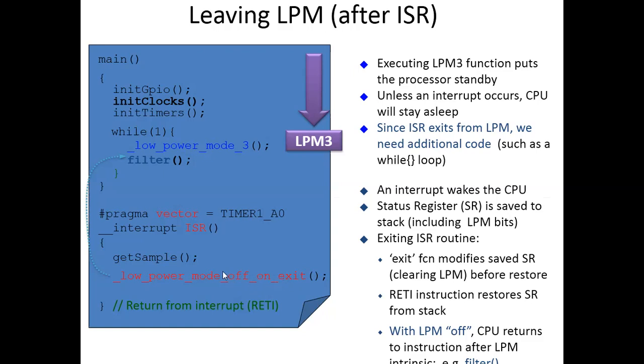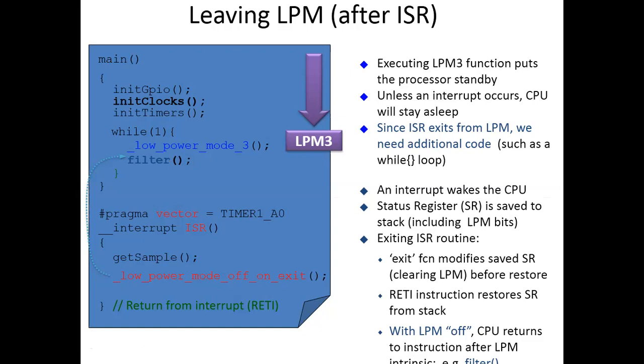After executing this ISR, it will go back to main, but the low power mode will be disabled by this command, and it enters some function that is declared in the main function. Of course, after executing that, it will again enter the low power mode. So in this way, the MSP430 will generally be in the low power mode, and by interrupt we can get it to the CPU mode or active mode.